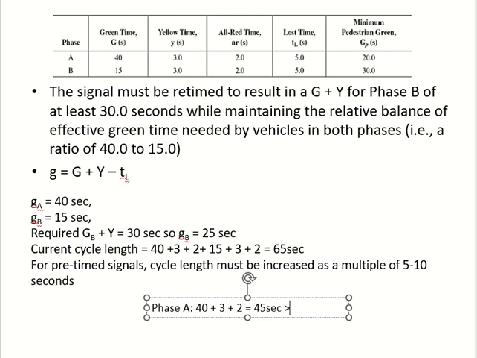Is it more or less than the pedestrian time? More. So no problem with phase A. Phase B, 15 plus 3 plus 2, 20 seconds. So what is it now? Less. So now we have a problem, right?